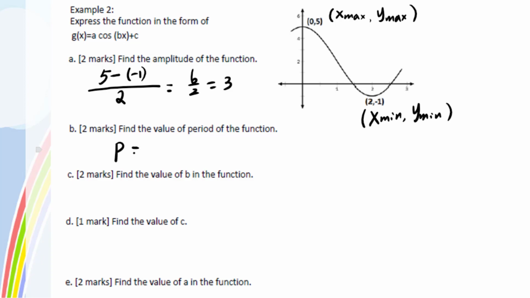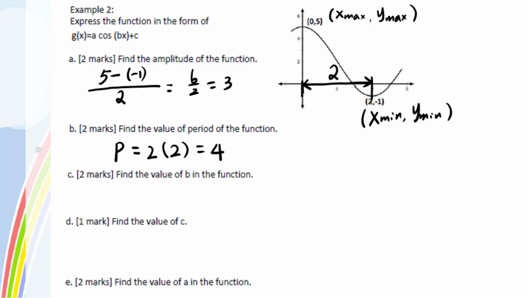Period equals double the distance between x maximum and x minimum. The horizontal distance between maximum and minimum is 2. Then period equals 2 times 2 equals 4.